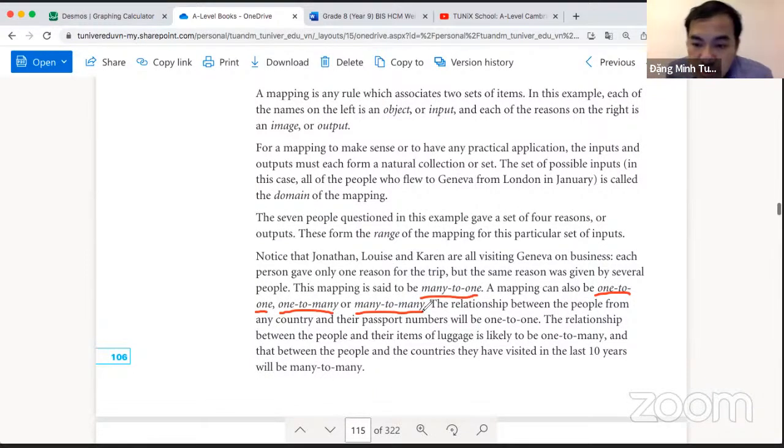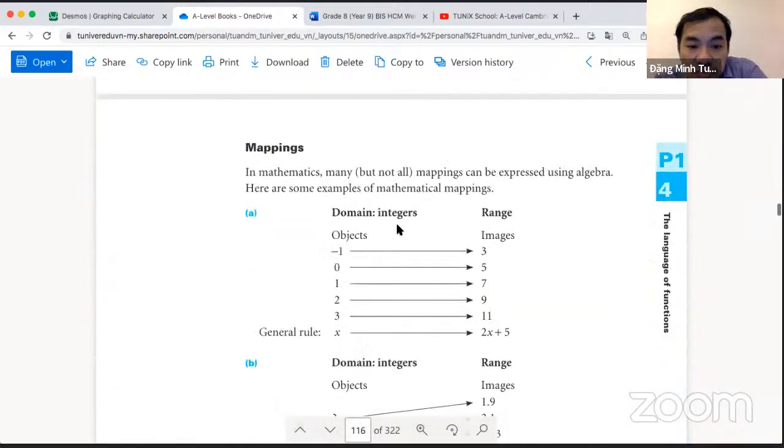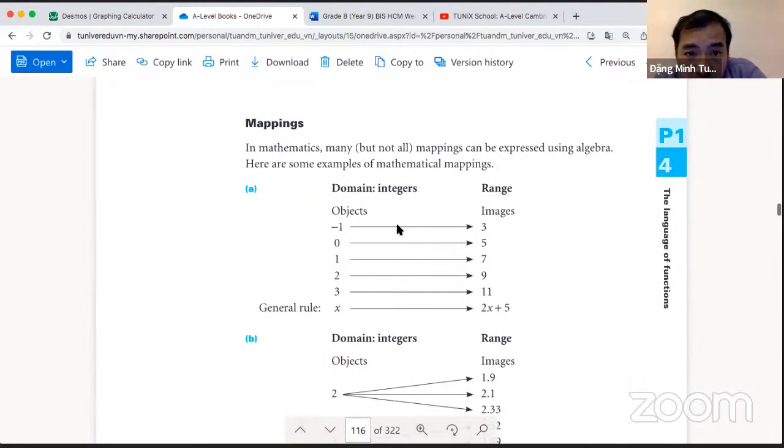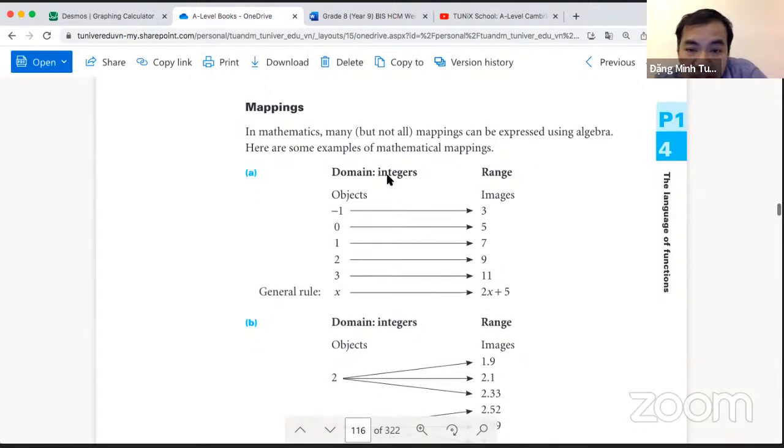So now, how to study this clearly? For example, many but not all mappings in mathematics can be expressed using algebra. Take a domain of integers.